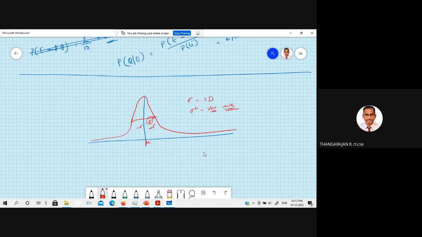I have not drawn the figure correctly, but if drawn correctly, very, very small numbers will be at the tails and a large value in the middle. So when I take 6 sigma, the number of failures will be much, much less. Sigma stands for standard deviation.